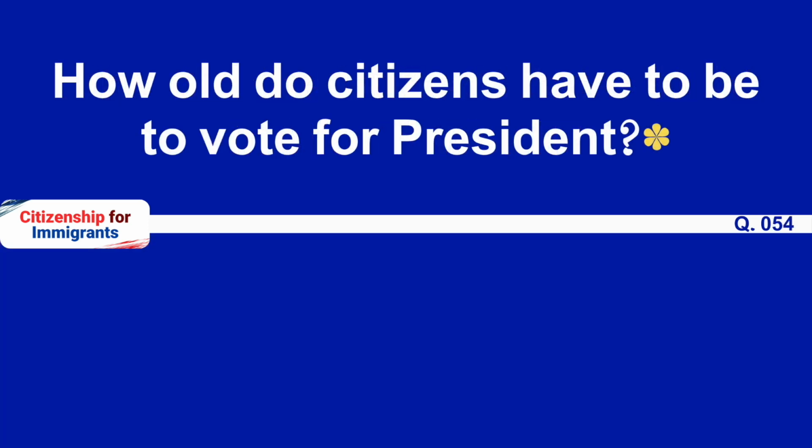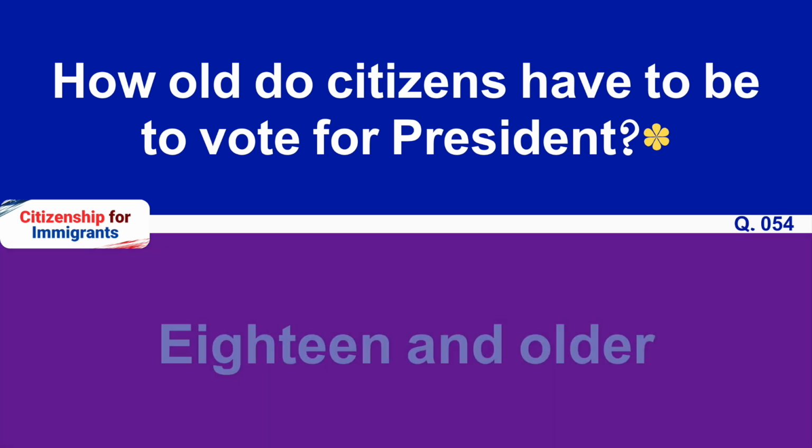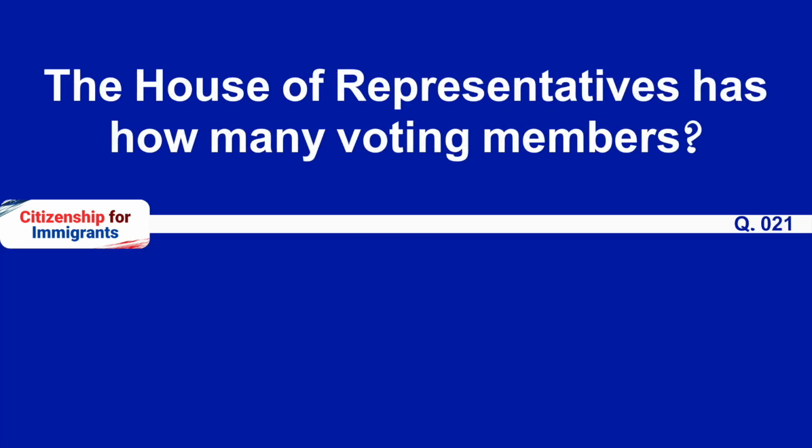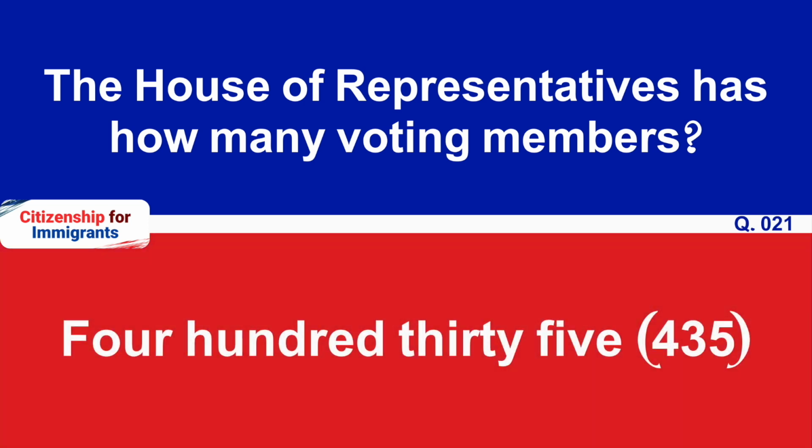How old do citizens have to be to vote for president? 18 and older. The House of Representatives has how many voting members? 435.